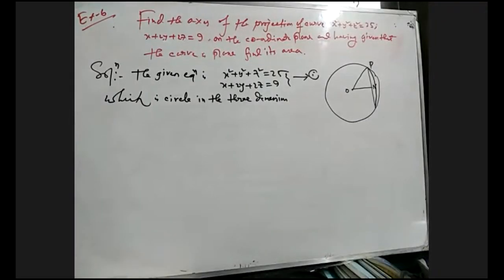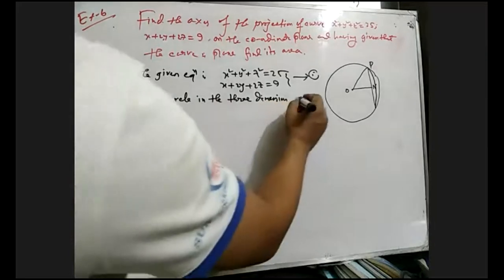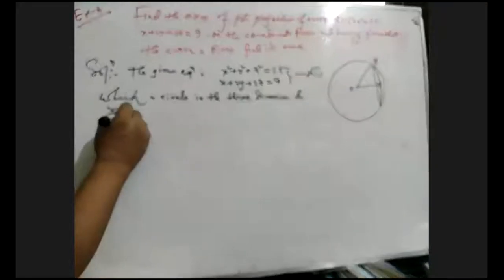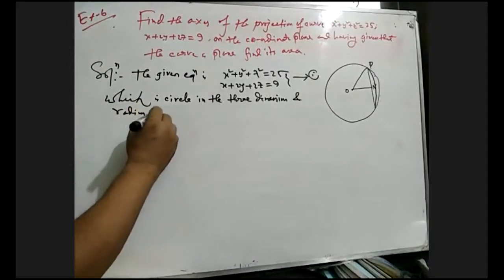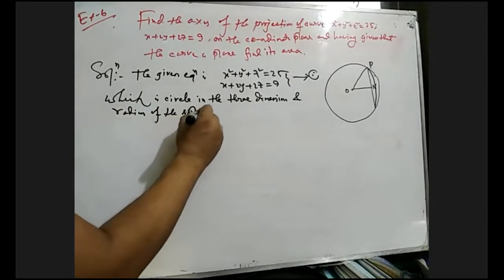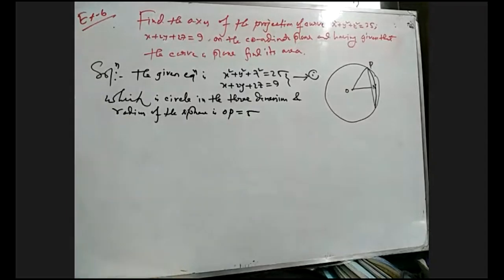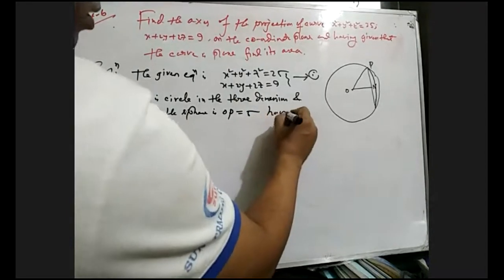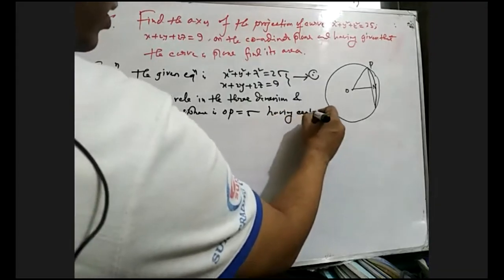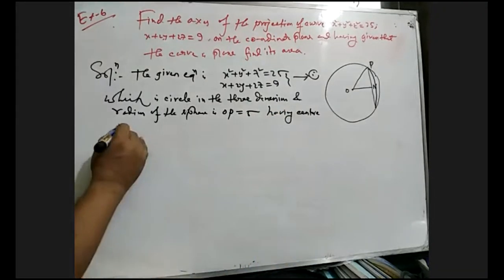And the radius of the sphere is OP equals what? 5. Having center at 0, 0, 0.